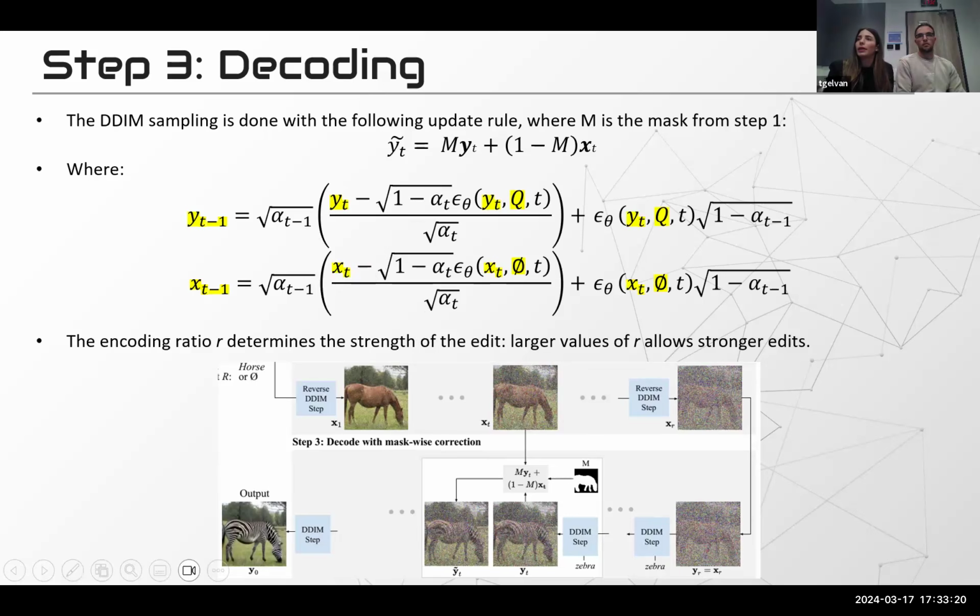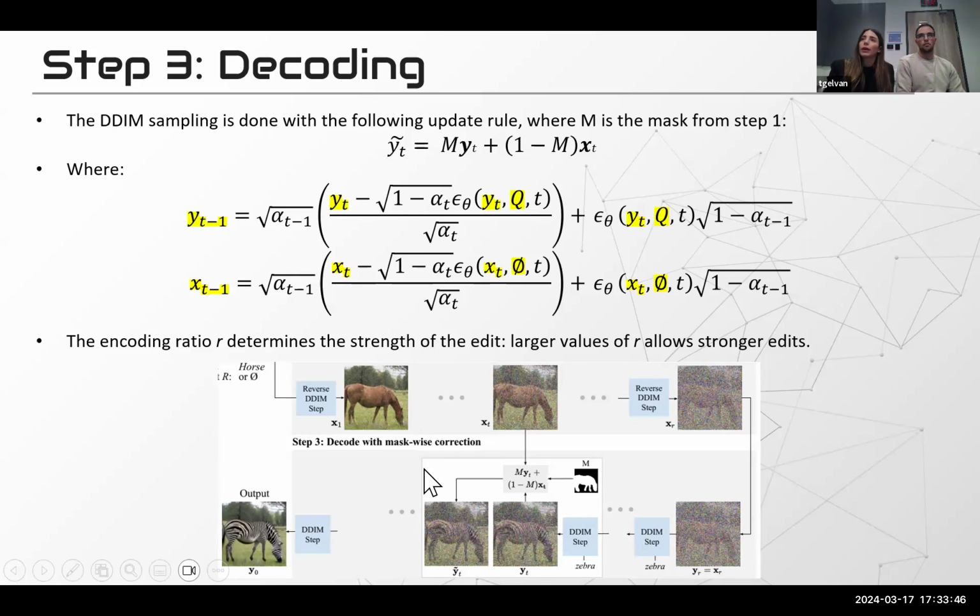In this example, our query text is the zebra. So in each DDIM step, I feed into the DDIM the zebra query, and we can see it here in this equation of y_{t-1} estimated from y_t. And here in epsilon theta, I feed inside the query. So each DDIM step is conditioned on this query.